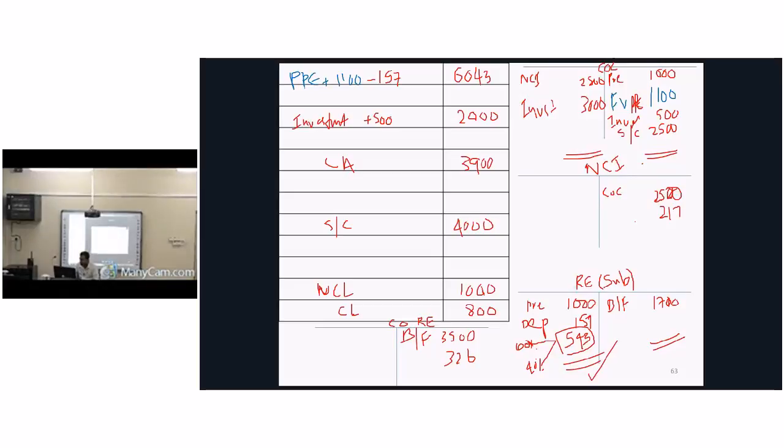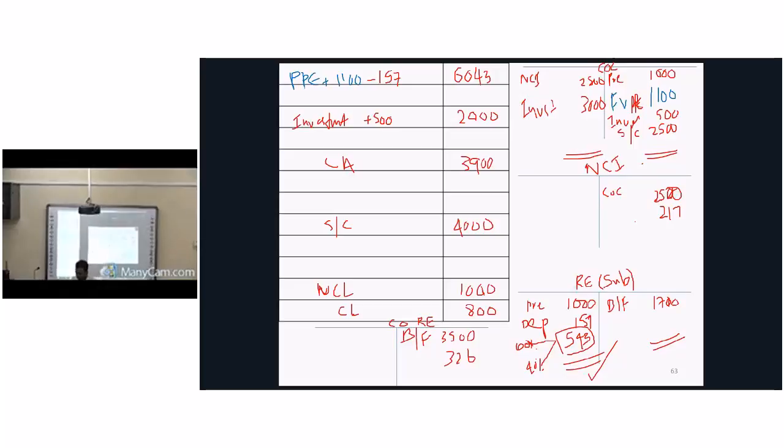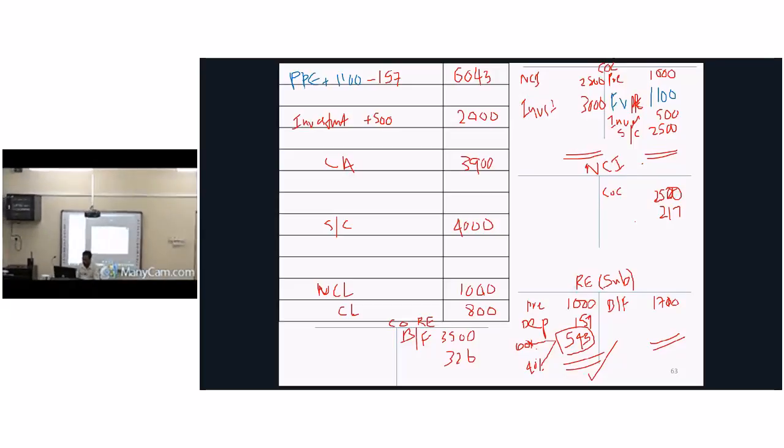And you can see now cost of control, and find goodwill or negative goodwill. Let's see, 2500 plus 3000 minus 1000 minus 1100 minus 500 minus 2500. Goodwill is 400.